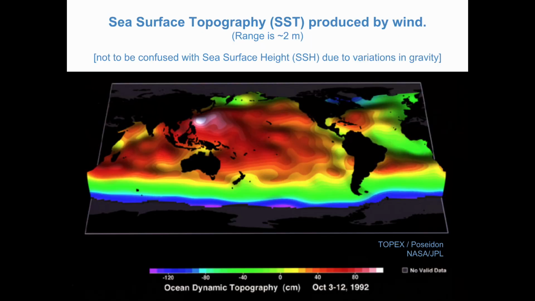When we take a look at the mound of water, there's a difference between sea surface topography, which is produced by the wind, and the range around all the different world oceans is roughly about 2 meters from the lowest spot to the highest spot where the ocean piles up in that mound we've just been talking about. Now, we don't want to confuse this with what we call sea surface height, and this is due to variations in gravity and some of the anomalies.